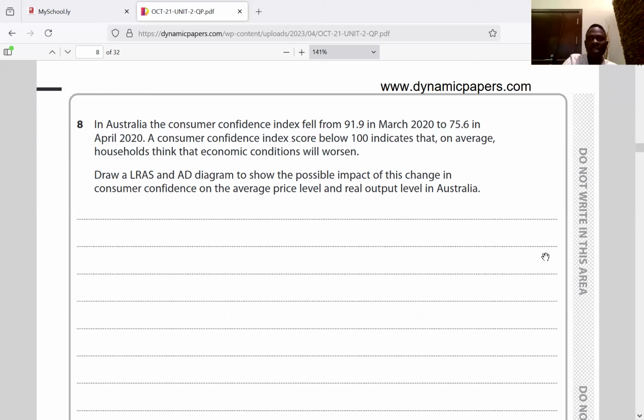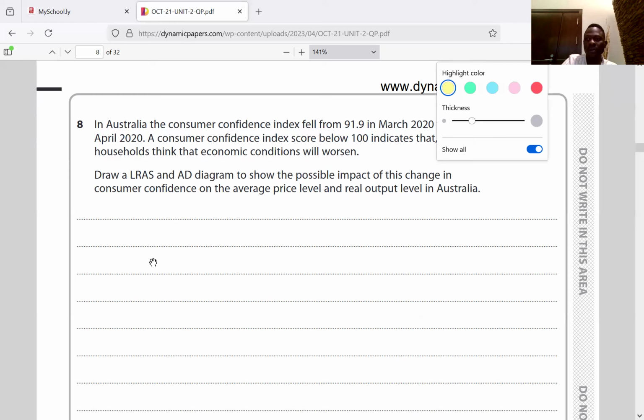So we can simply draw it here. Let me see if I can. I'm drawing graphically like this.